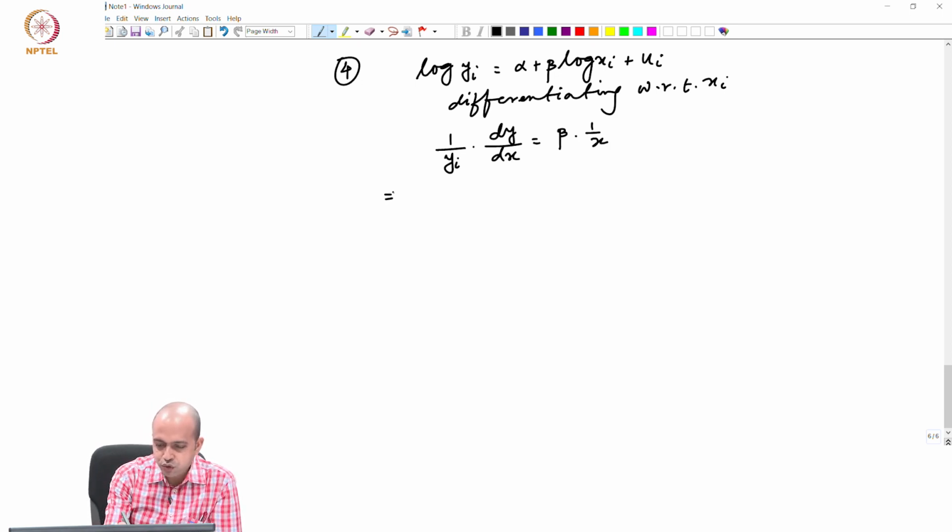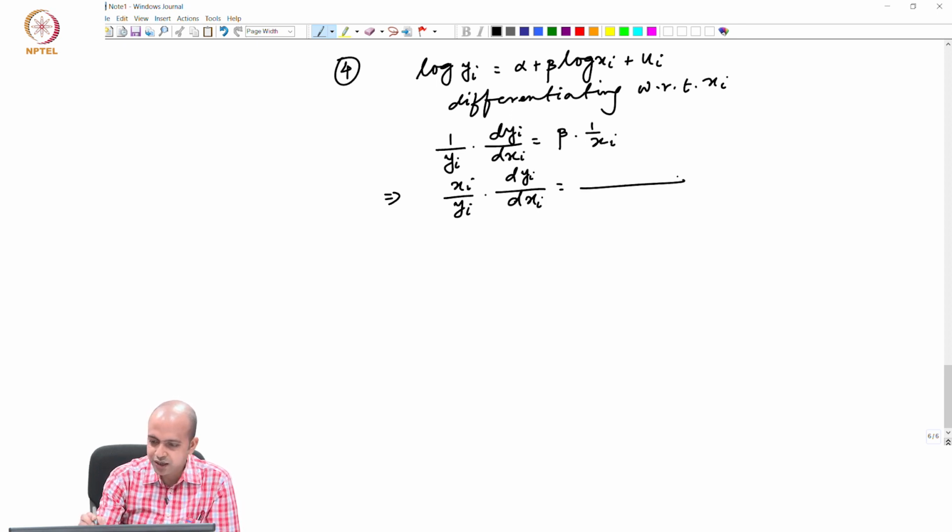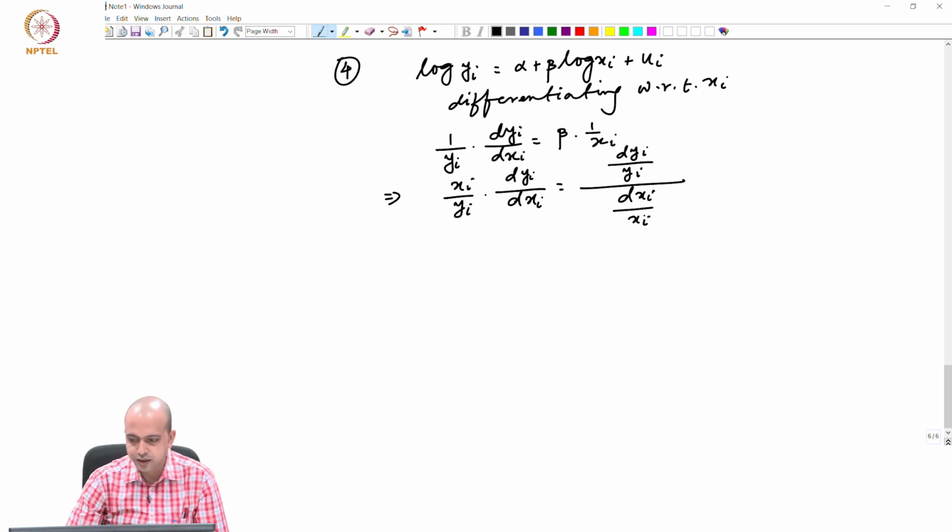And if you multiply both sides by xi, then you will get xi by yi into dyi by dxi, which you can write as dyi by yi divided by dxi by xi.